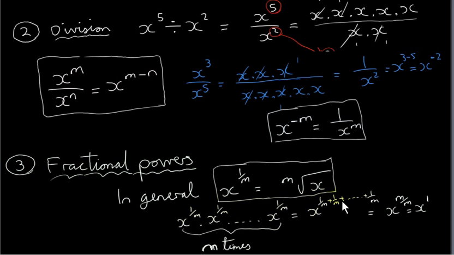So we have 1 over m plus 1 over m plus 1 over m. But it's m 1 over m's. M times 1 over m is m over m. But m over m is 1. So you can see that this thing here must be the mth root. If we take the mth root of x and multiply it out m times, we just get x. Now if that doesn't make much sense, I wouldn't worry about it.